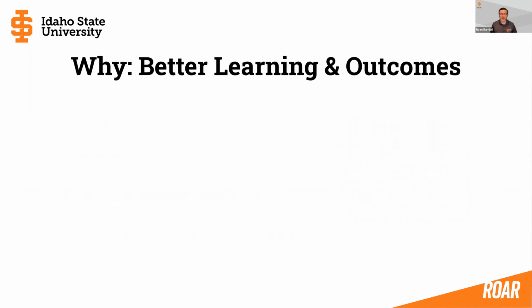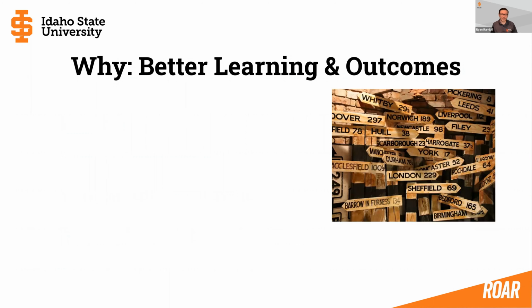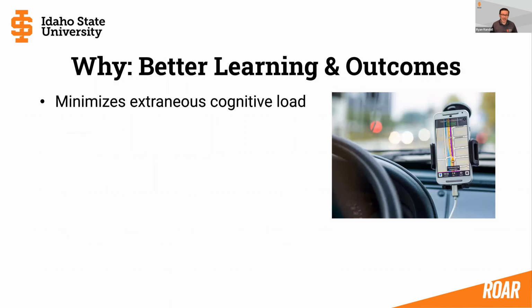Also, why would we want to focus on this? In brief, it allows us to have better learning and outcomes. It's easy to have mental overload, extraneous cognitive work. We can clarify and minimize extraneous cognitive load if instead we streamline things.